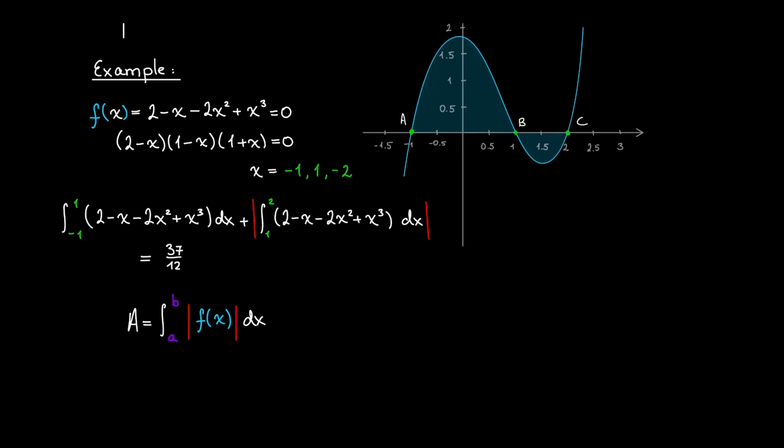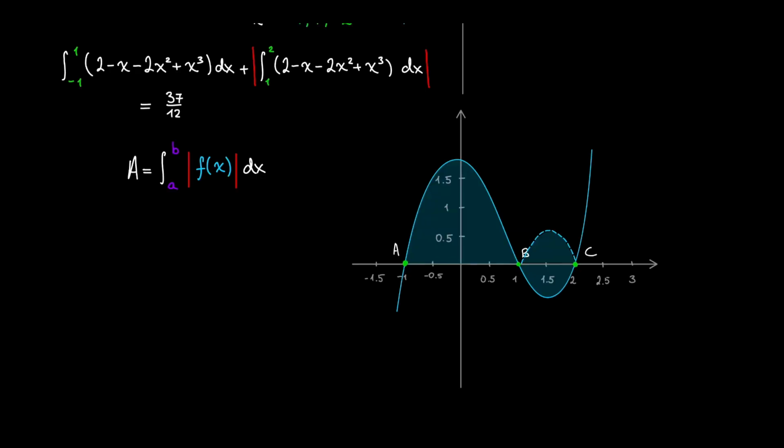Again, using that same example and same function, let's once again visualize what the absolute value sign does to our function and area. What happens graphically is that everything that is under the curve is now translated upwards. So that means this part of the graph that is below the x-axis is now going to be going outwards.